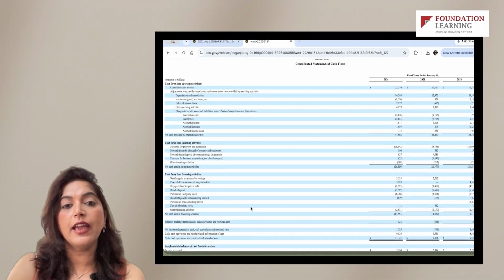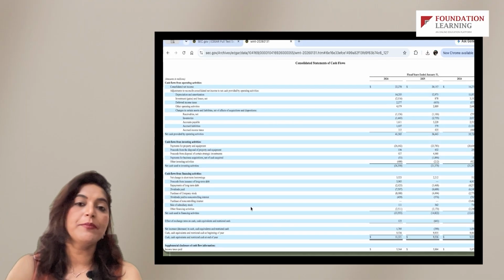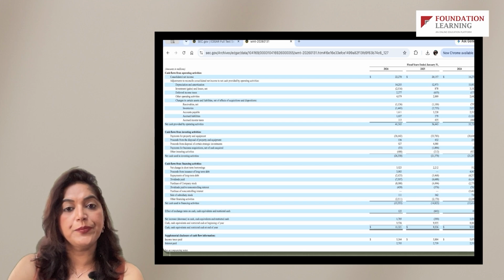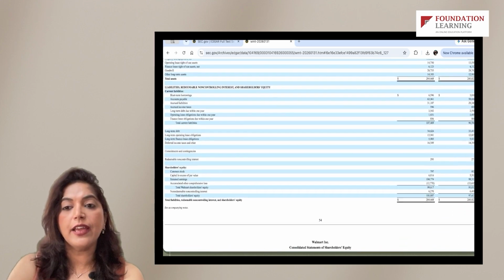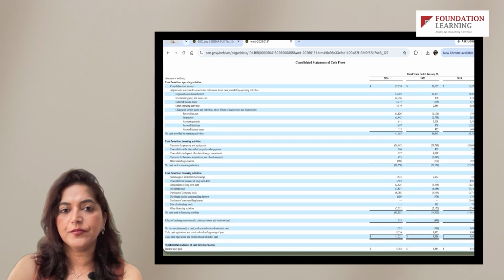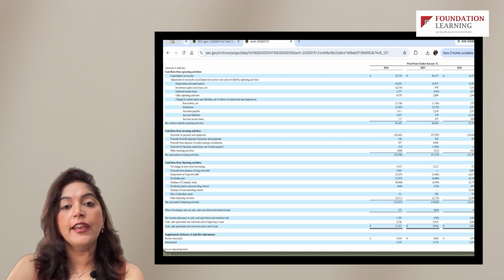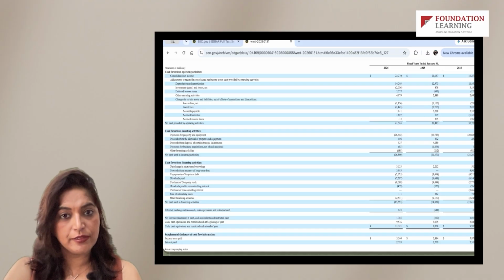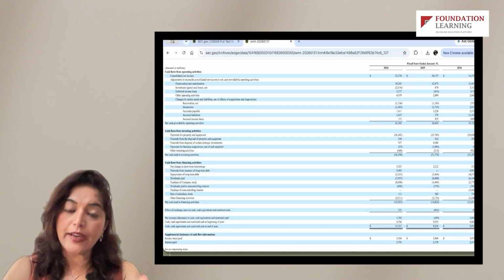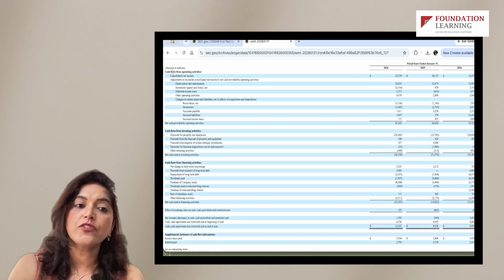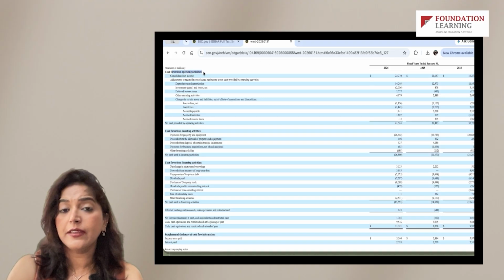Okay. Then we have the consolidated statement of cash flow. Again, you see 3 years of data. Right? Only in the balance sheet we have 2 years of data. Now, cash flow is broken down into 3 major components. The most elaborate and most important one is cash flow from operating activity, because operations are core to the business.